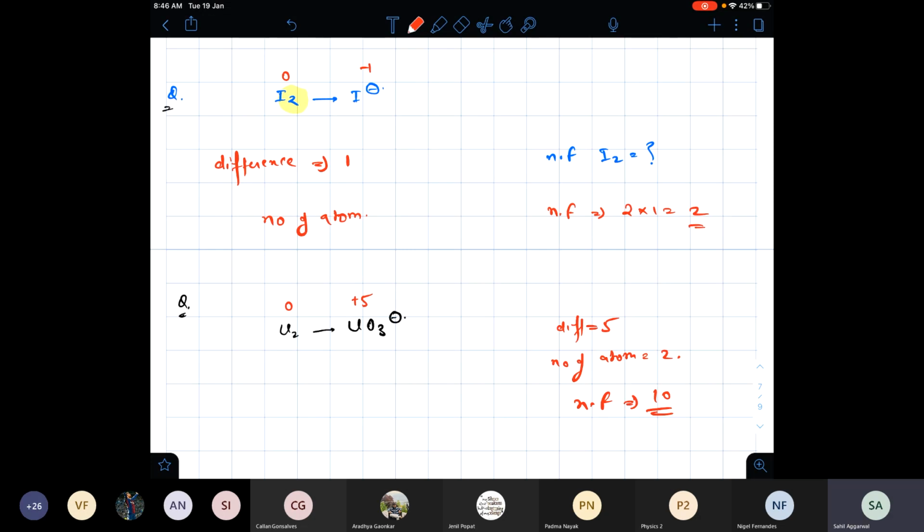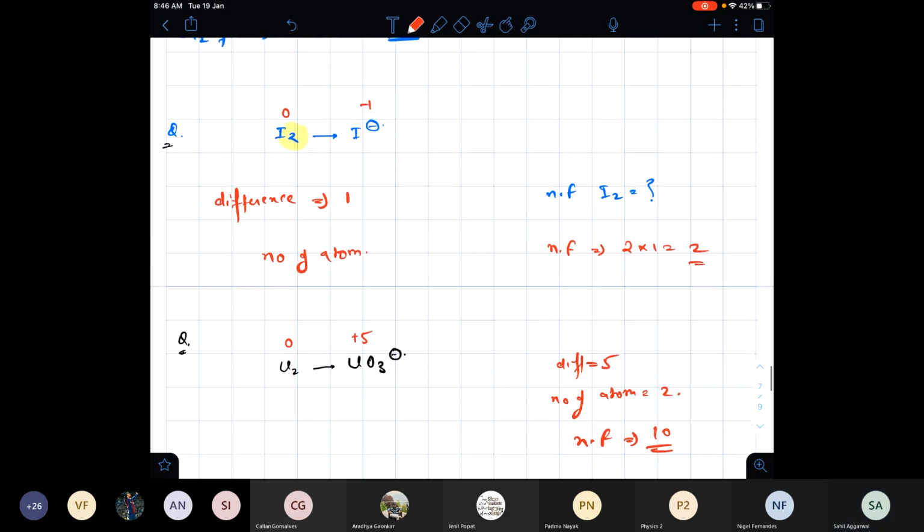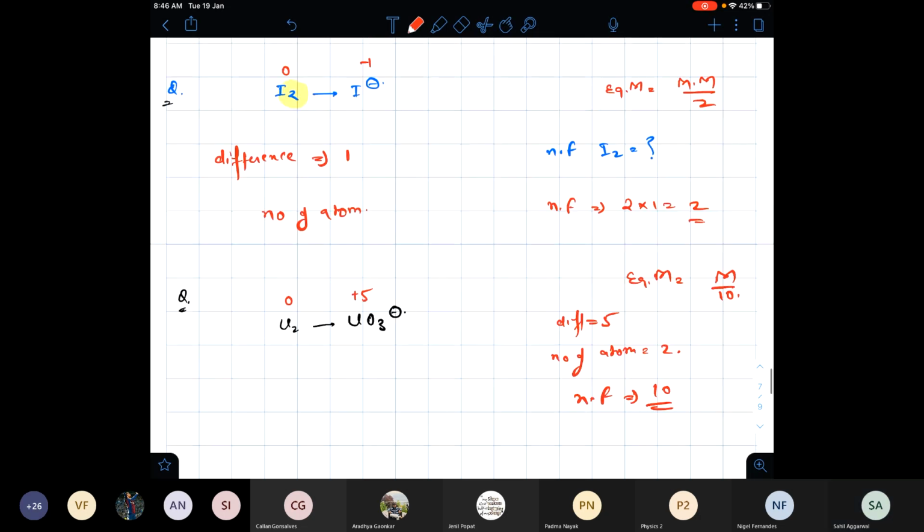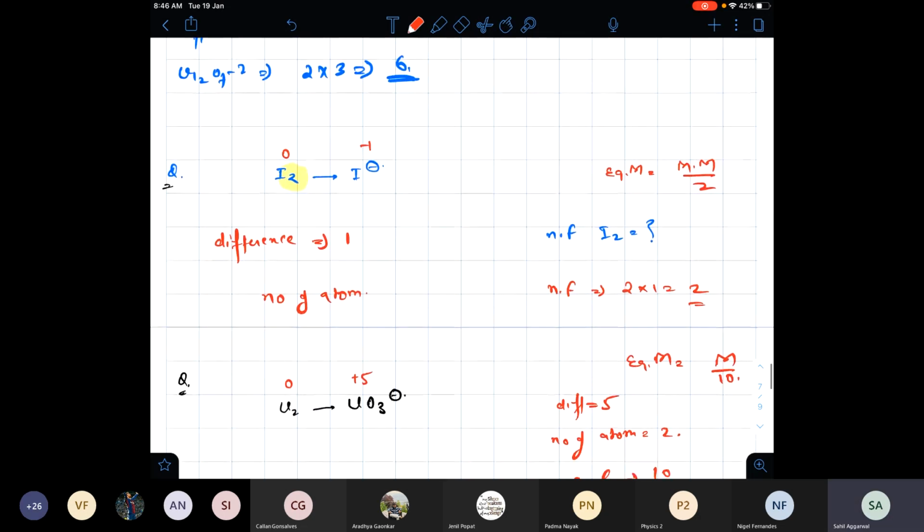It can be asked to calculate the equivalent mass. Any doubt in this? Please tell.